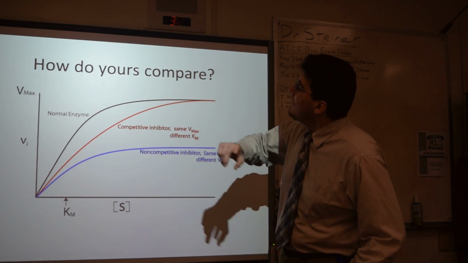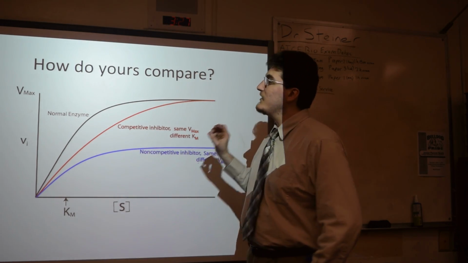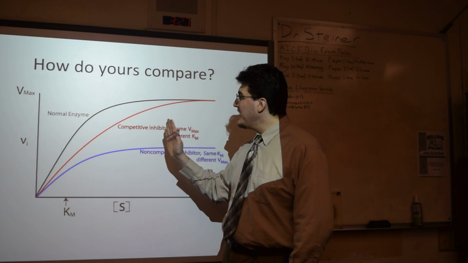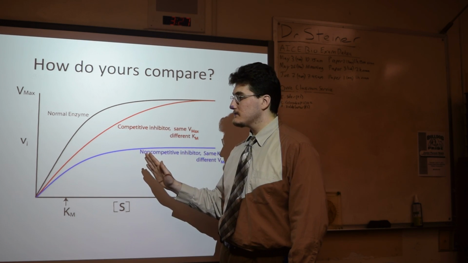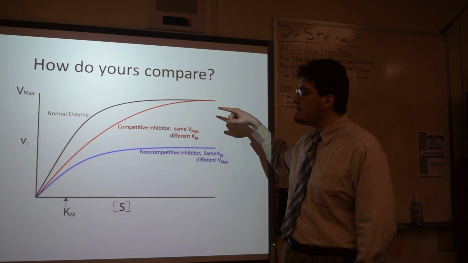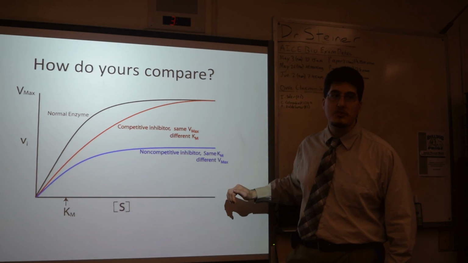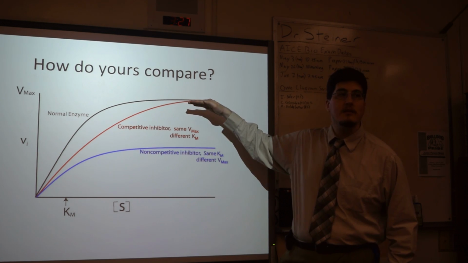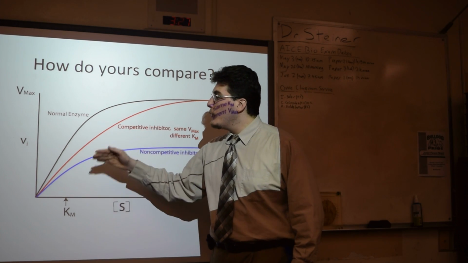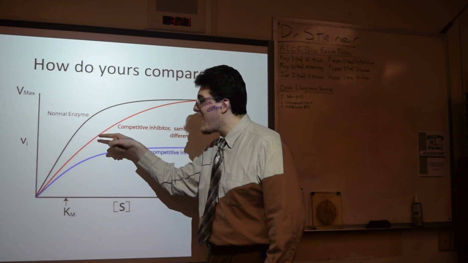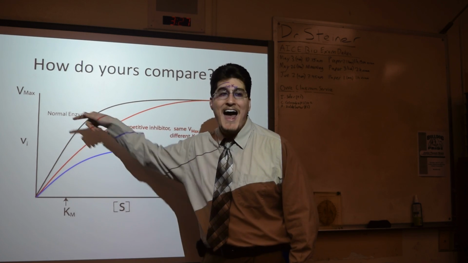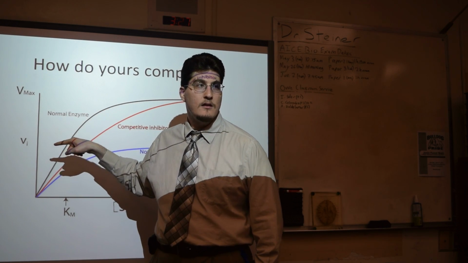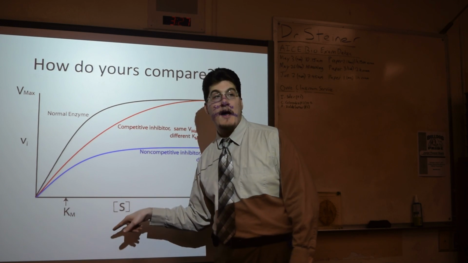So, a normal enzyme Michaelis-Menten plot is this black line. A competitive inhibitor has the same Vmax as substrate concentration increases. You can reach Vmax. But Km, which is the substrate concentration at 1/2 Vmax, y equals 1/2 Vmax, x equals Km.